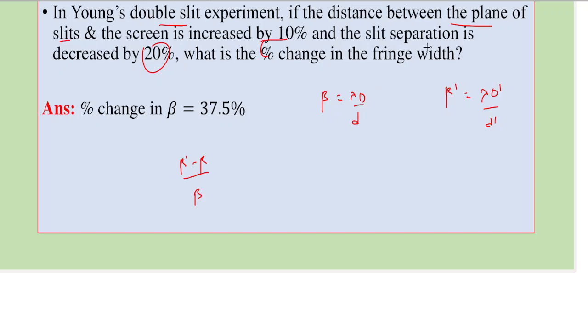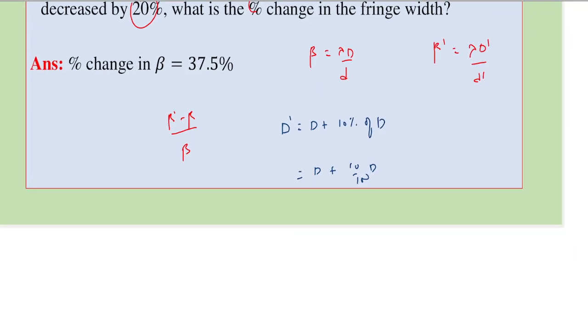It says the distance between the plane of the slits and screen is increased by 10%, which means D dash would be D plus 10% of D. It will be D plus 10 by 100 of D, that is 0.1. Therefore D dash is equal to 1.1 into D. This is the new distance.